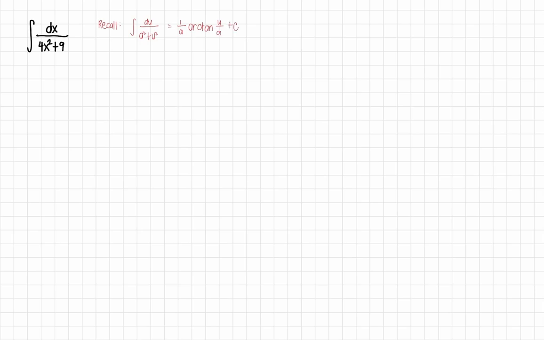So this integral follows this form wherein a squared is equal to 9 such that a is equal to 3, and u squared is equal to 4x squared so that u is equal to 2x and du equals 2 dx.